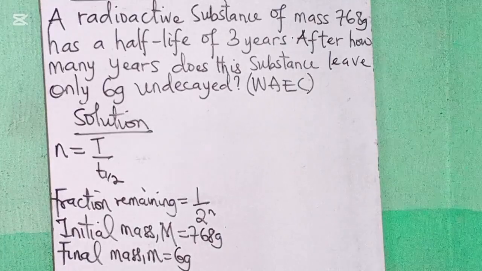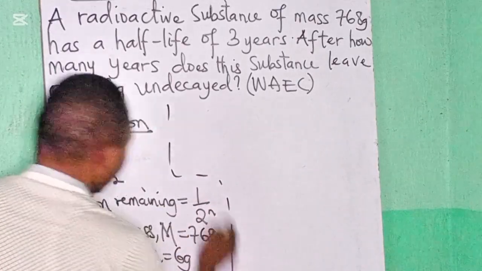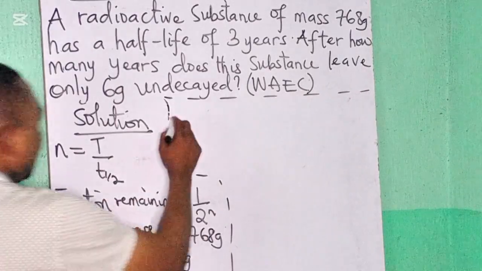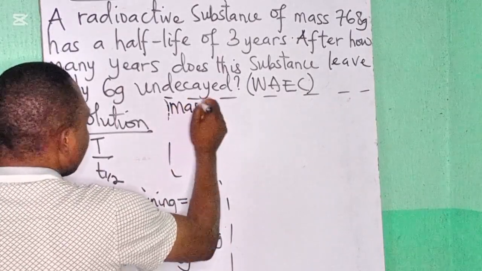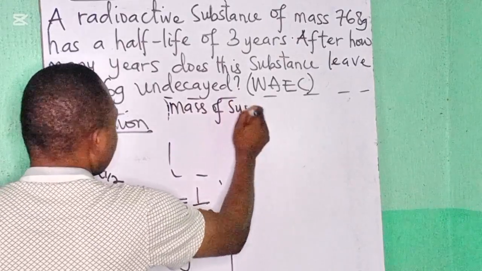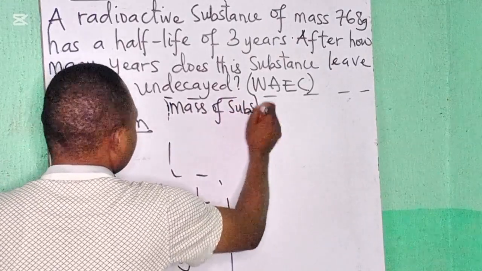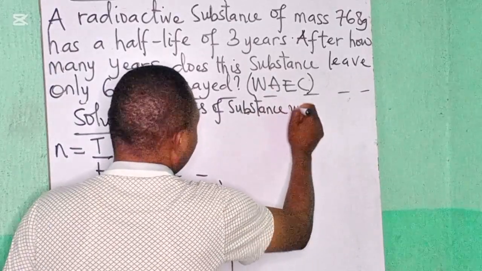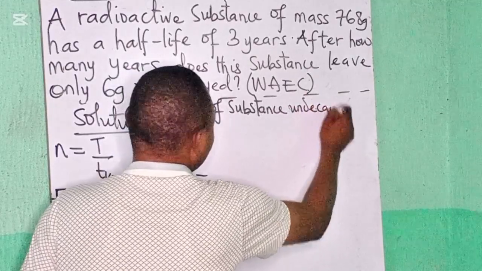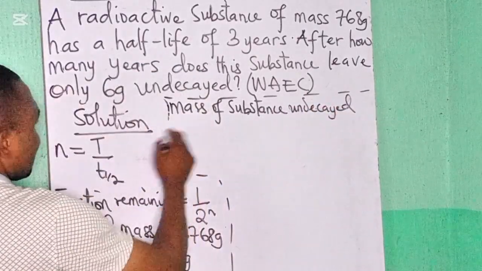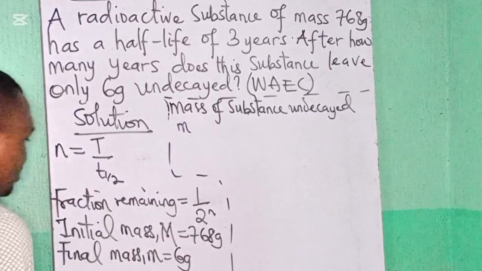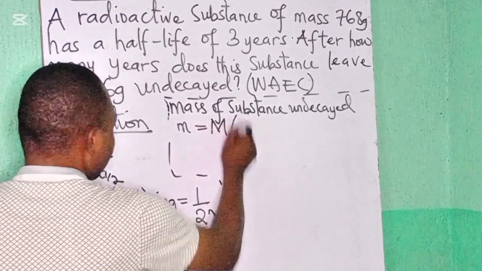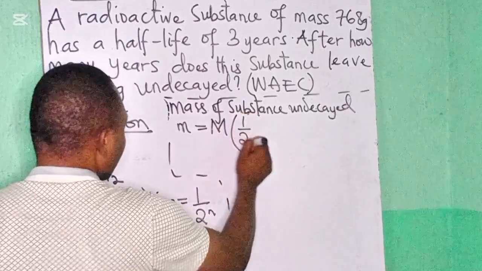Is that clear? So from here now, what do we do? Now, if we look at this, the mass of substance that remains undecayed is given as small m, the final mass, which is equal to capital letter M, brackets open, the fraction remaining.